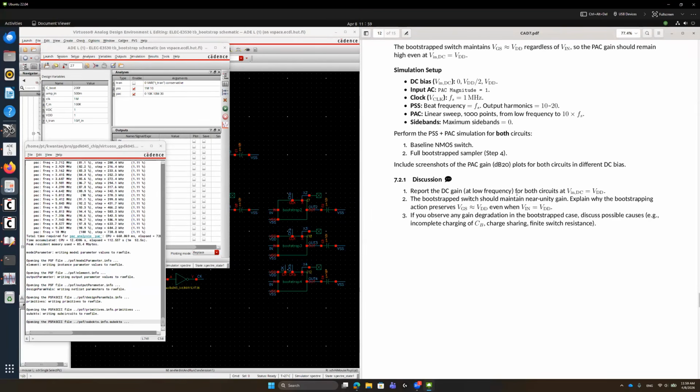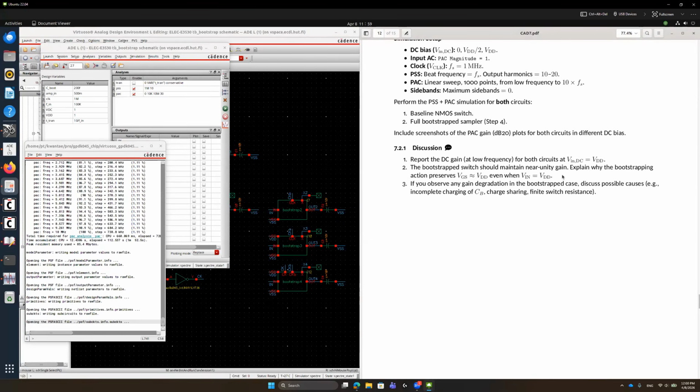That is the intention. I think there is some mistake here. It should be near unity DC gain. And explain why the bootstrapping action preserves VGS equal to VDD even when Vin equals VDD.